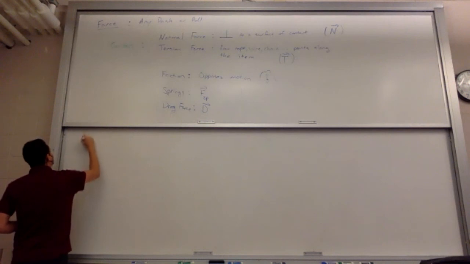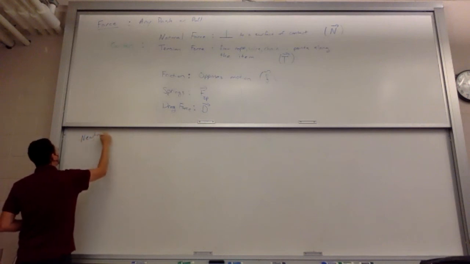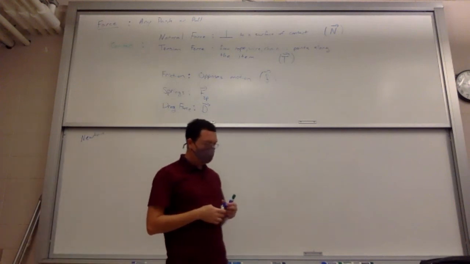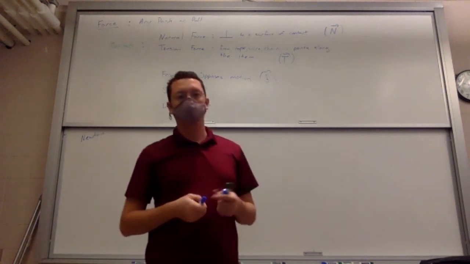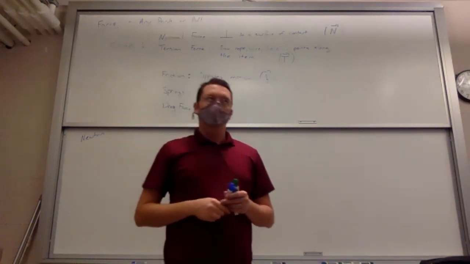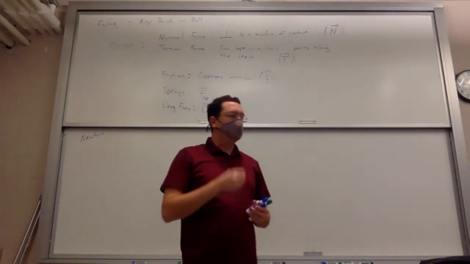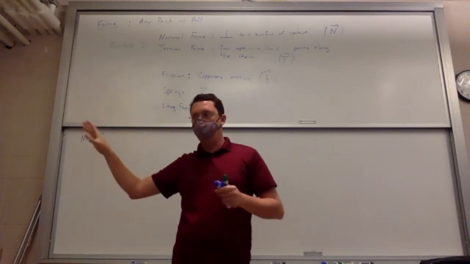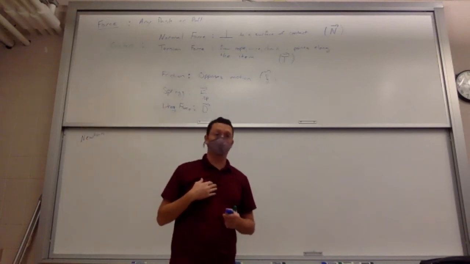So Newton deduced three laws of motion. Actually, he did more than that. There's a fourth one, which is his law of universal gravitation, which is specific to gravity.